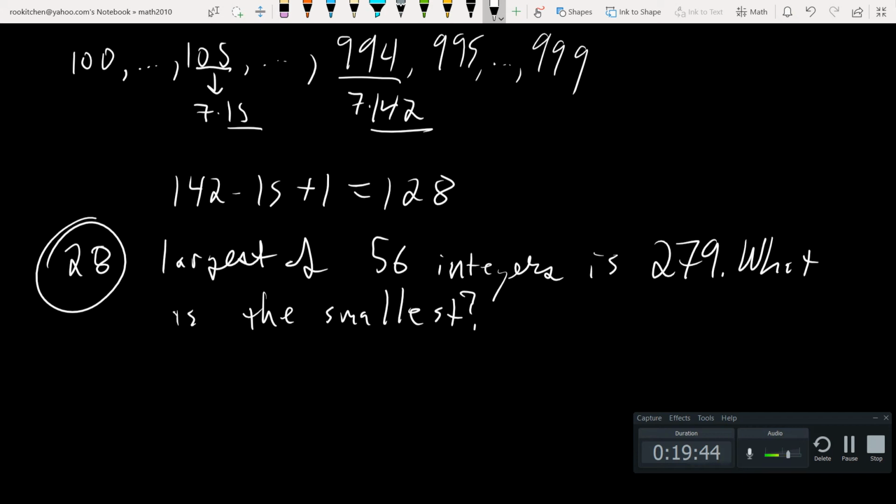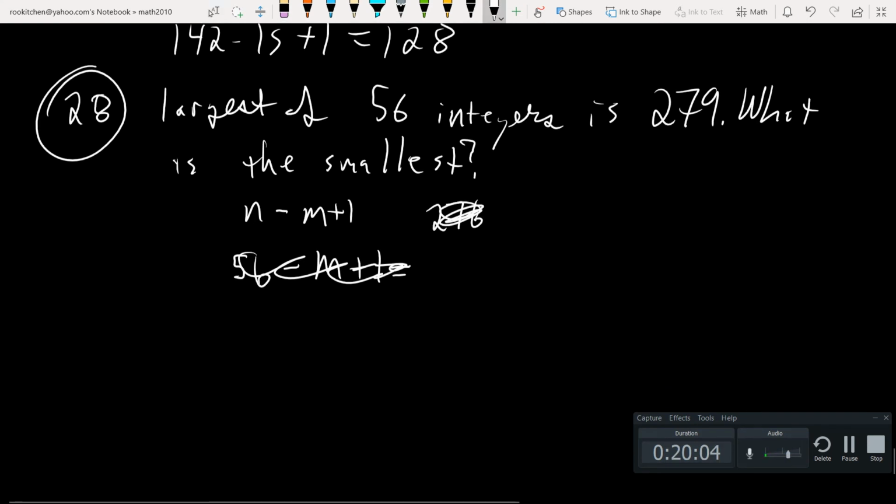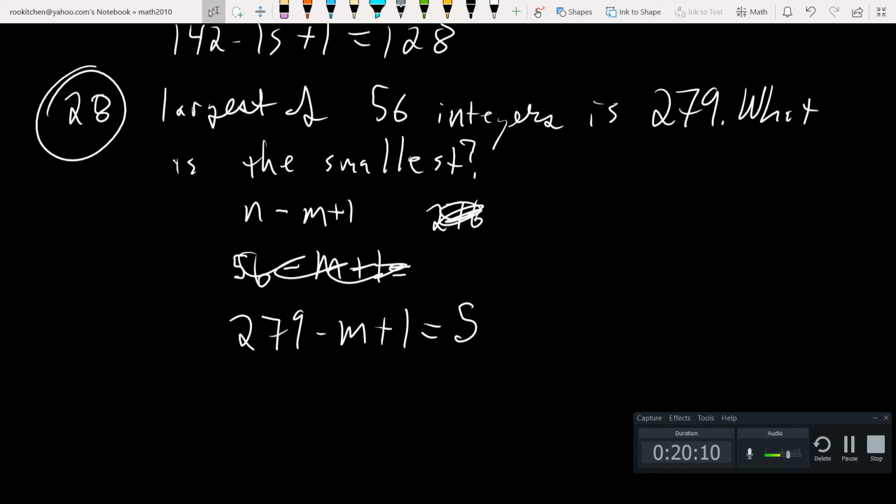So from the formula n minus m plus 1, the n value is the 279. Okay. The largest one is 279, and you know there's 56 of them, so n minus m plus 1 should equal 56. And then to find the smallest number, you just solve that equation for m. Okay, so m ends up equaling 280 minus 56, which of course is 224.